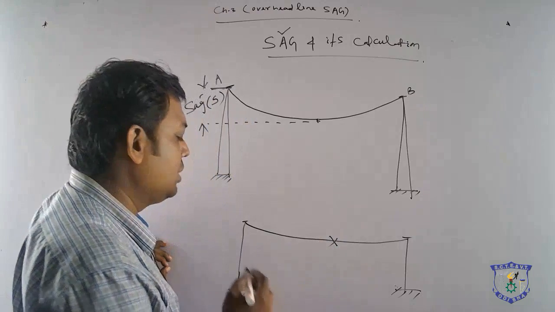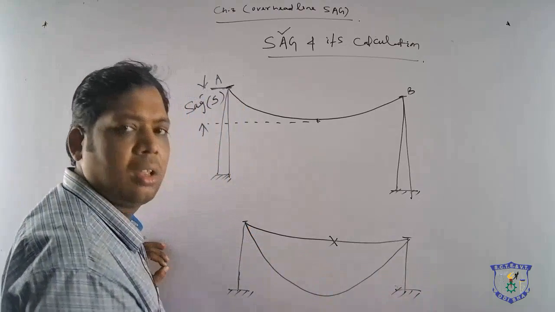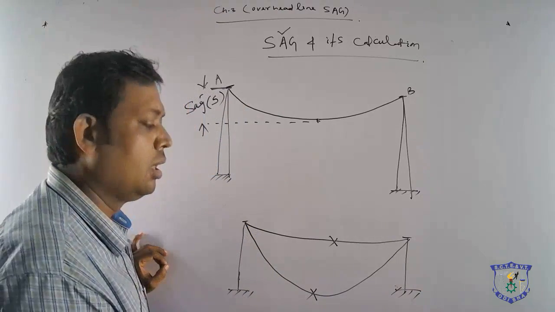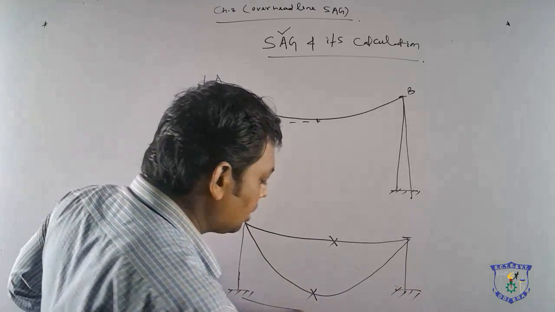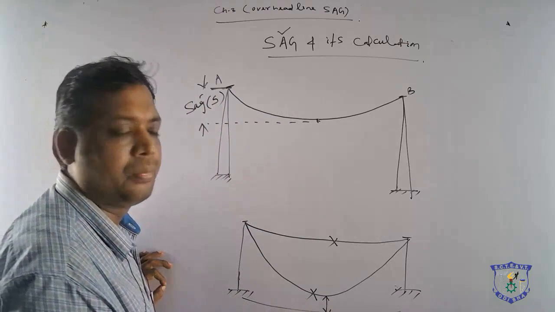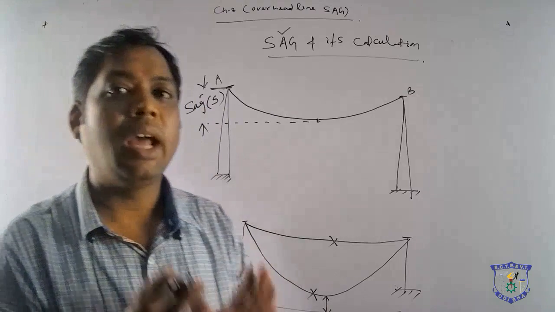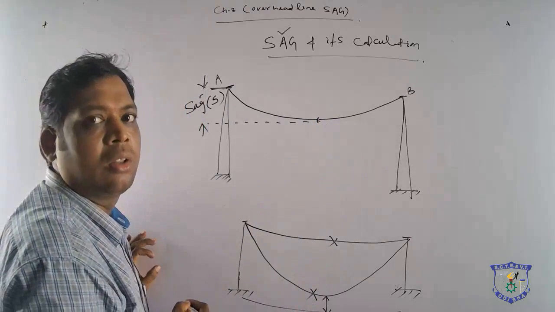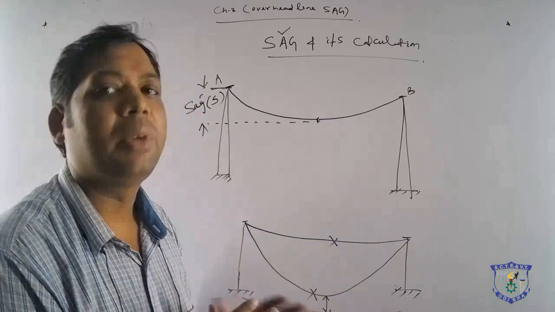Likewise, if you give too much dip to the conductor like this, that is also not used, because during the summer season it may expand, the ground clearance will become very minimum and an electrical hazard may occur. That's why it is mandatory to do the proper calculation and give the proper sag to the conductor, so that the conductor is kept in safe tension.